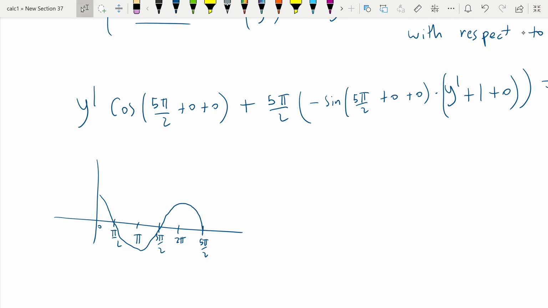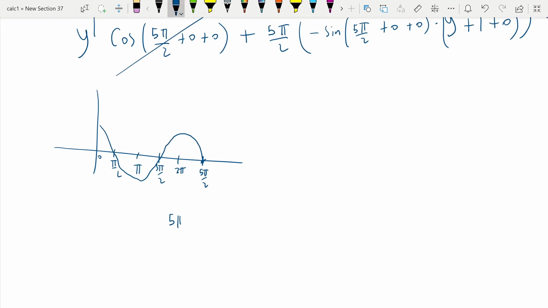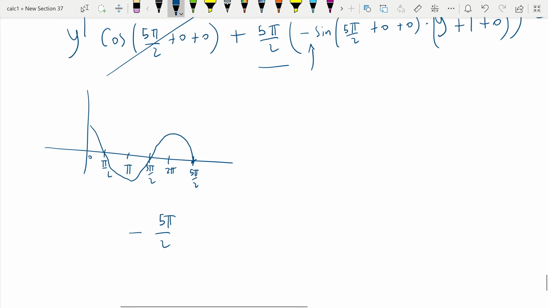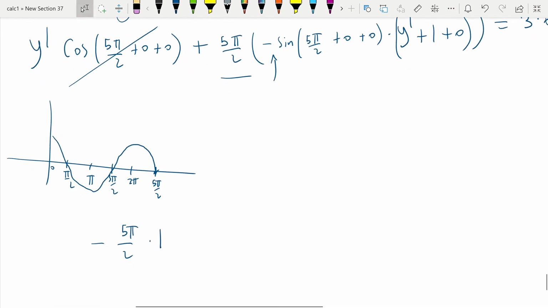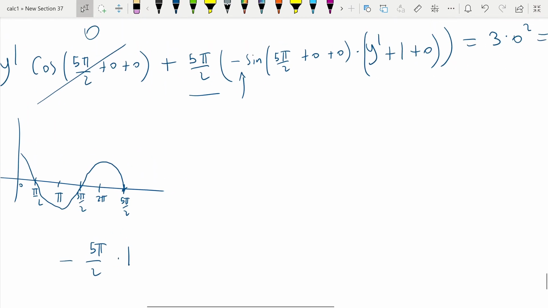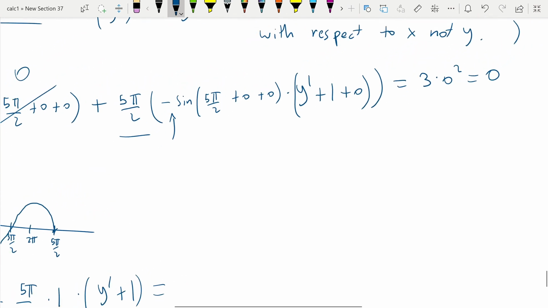At this point, the function cosine vanishes. So this term here is 0. So we just get 5 pi over 2, which comes from this term, minus that because of the sine, and then times sine of 5 pi over 2, which is just 1. You see the same thing if you look at the graph of the function: the sine of 5 pi over 2 is just 1. And times y prime plus 1. And that's supposed to be equal to what's on the other side, which is 0.